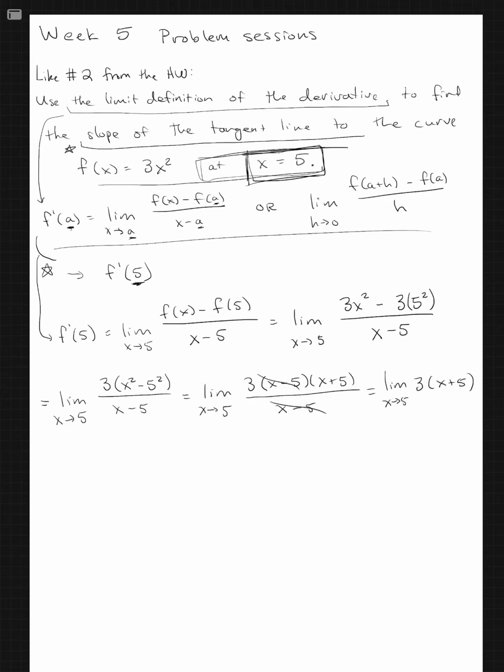Now, we've gotten rid of any denominator, so there's not going to be an indeterminate form, and we can just say this is, oops, don't need a limit anymore, 3 times 5 plus 5. We can use substitution, because this is just a polynomial, and we get 30. So that's going to be what it's asking for. That's the slope of the tangent line to that function at x equals 5.